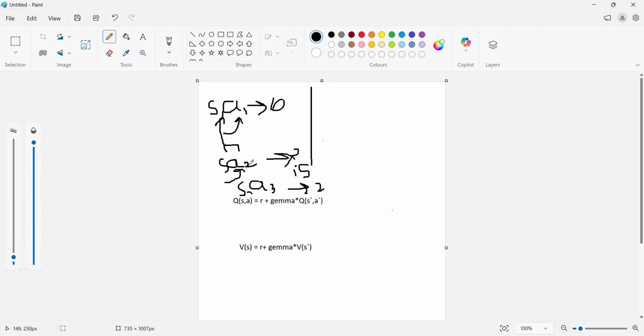But if there is an action A4 which I have not taken so far, there is a possibility that even though most of the time I take action A2, there will be a time that I take action A4 instead of action A2.